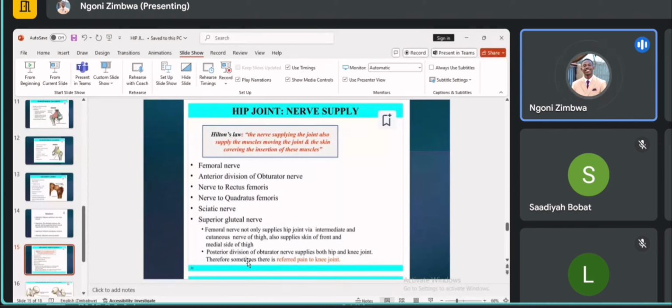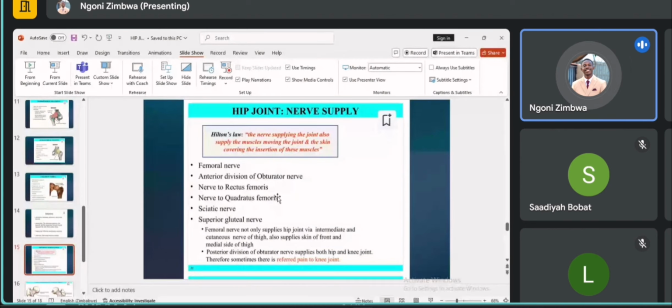Simple as that. So in our hip joint, we have muscles of the anterior compartment that act on the hip joint. Muscles like what? We have the rectus femoris. The rectus femoris, mind you, is the only muscle of the quadriceps that crosses two joints.